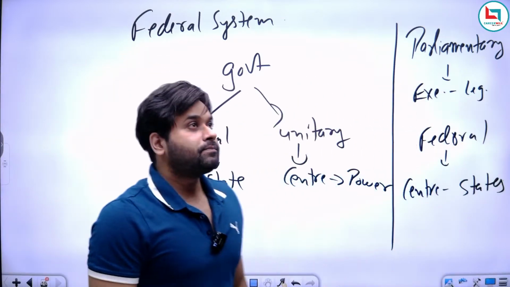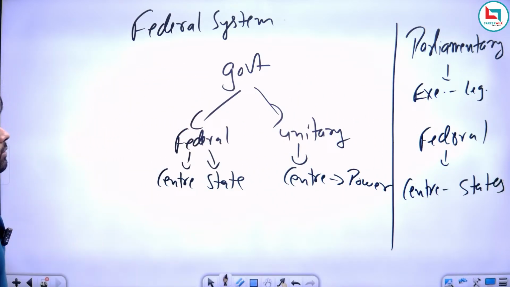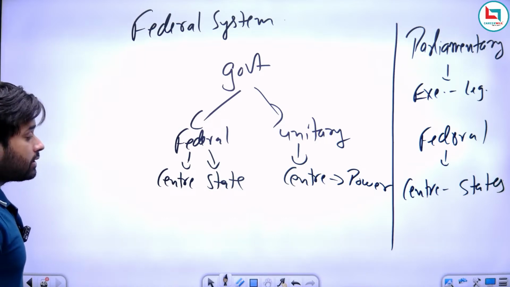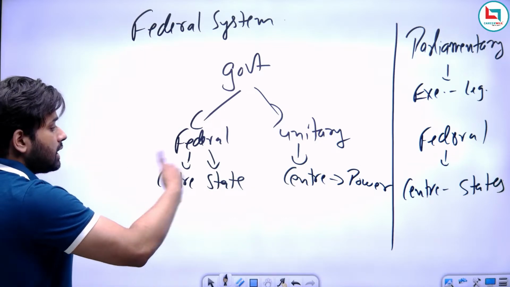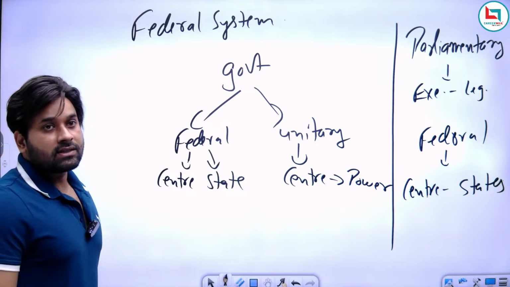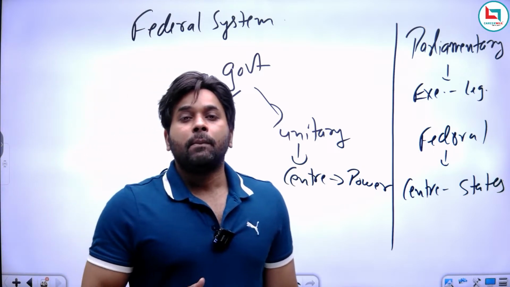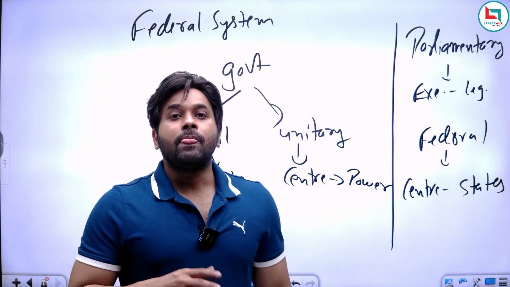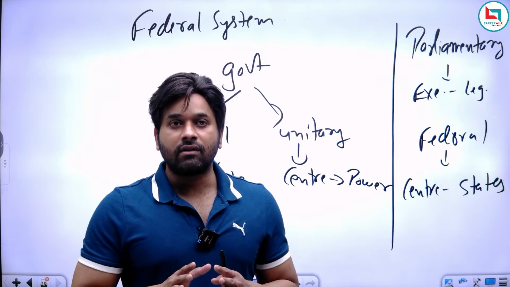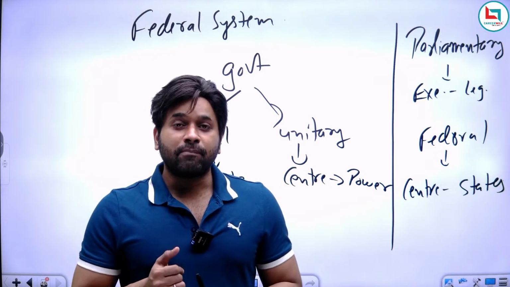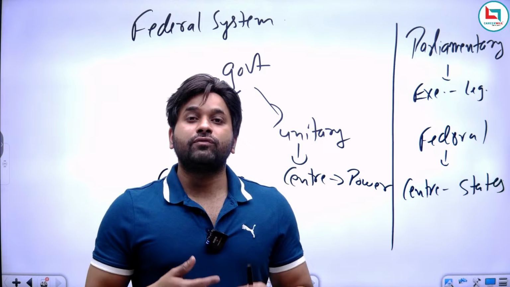Okay. So I hope this is clear, that the difference between federal and unitary depends upon the relation between the center and the states, how the power is distributed between the center and the states. Now let us understand that in our country we have parliamentary system and there is also federal system.